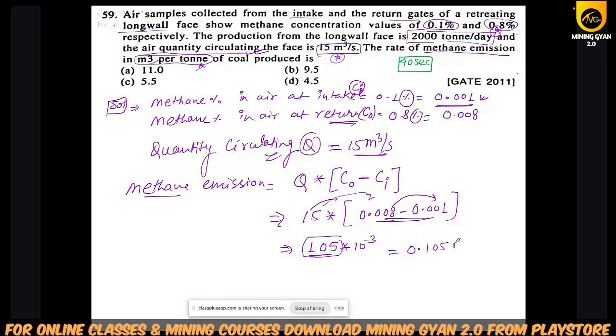Please remember the units also, we are discussing meter cube per second.